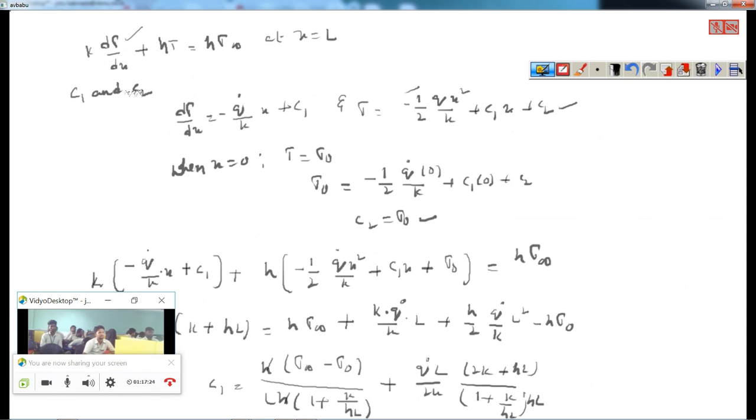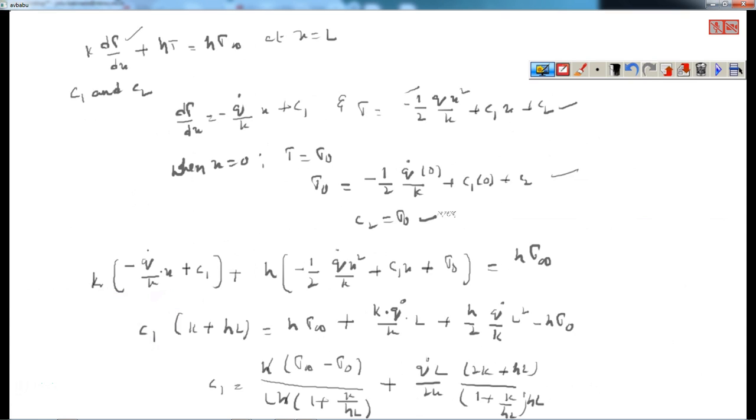Now we need to find out C1 and C2. When I put x is equal to 0 and T is equal to T0 in the equation, C2 is equal to T0. Once I know this, in the generalized equation at x is equal to L, this is k into dT by dx.